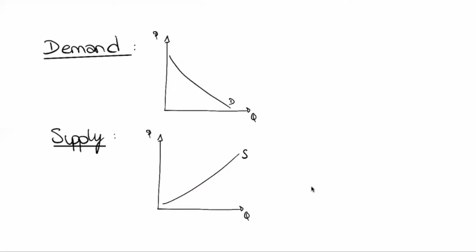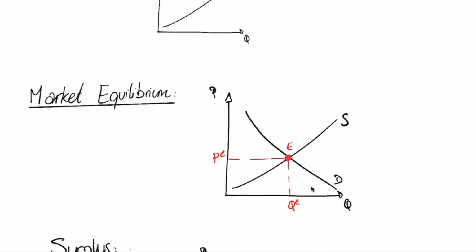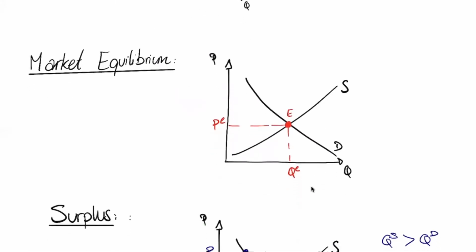At the end, we put both of these curves together and talked about market equilibrium, with the equilibrium price and equilibrium quantity. That's when the quantity supplied and the quantity demanded are equal.